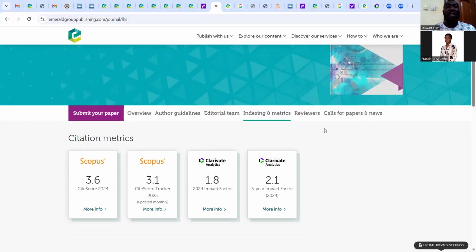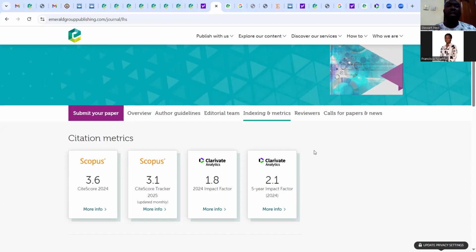If the journal is not in Scopus or Web of Science, largely it is not considered. There are other indexings, but these two are the major ones that most academic institutions embrace. Let us limit ourselves to just these two.